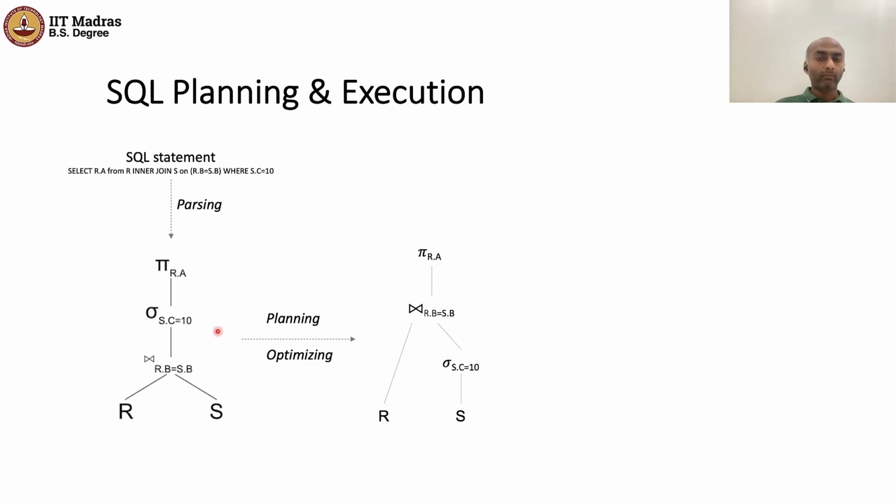Okay, so what could be, for instance, one interesting optimization that we could do here? It comes down to the ability to look at the relations which are being specified, the relational operators which are actually present here.